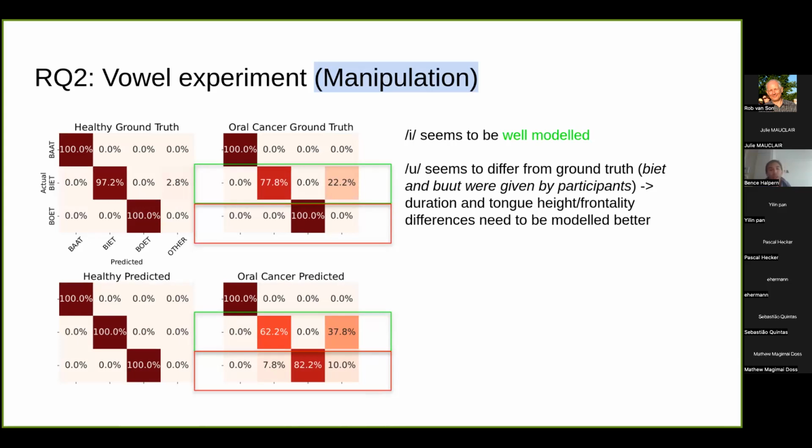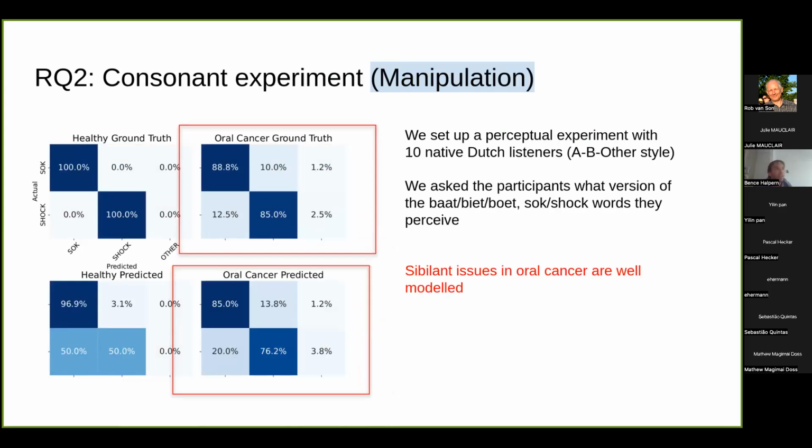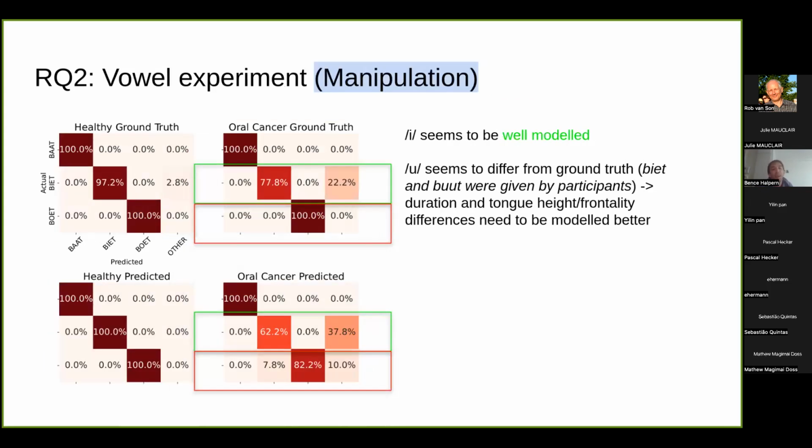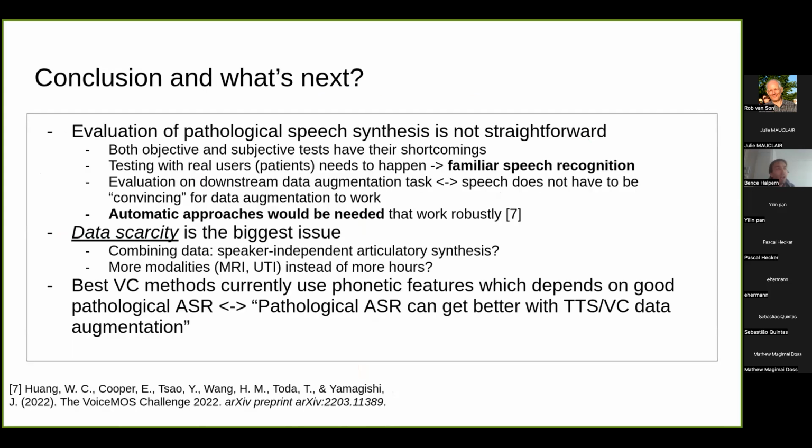So it's not only that the synthesized speech is modified so that it sounds unnatural, but it sounds unnatural in the way that it's pathological. It's usually the same things that are wrong in the synthesis that are also wrong in the ground truth, or not really wrong, but mispronounced is, I think, the better word here.